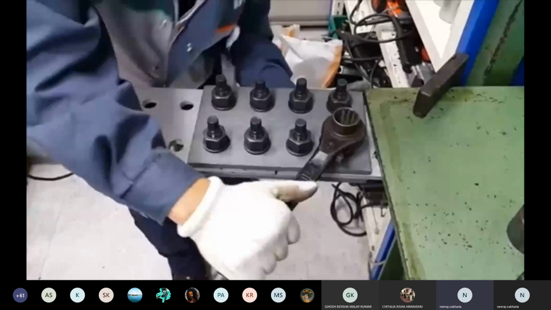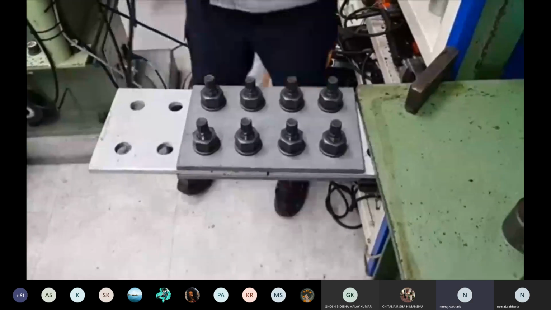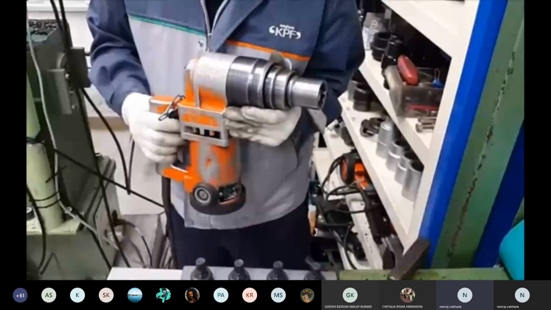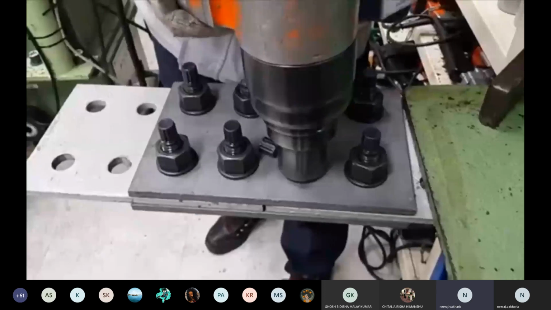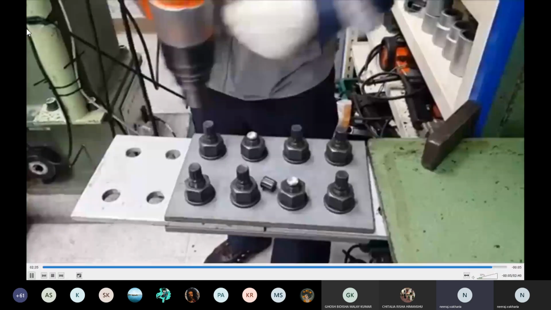So he's manually tightening it a bit, and now with the mechanical driller, they will give the amount of torque which is required. You can't give it more torque or lesser torque. It has to be given in the exact amount.